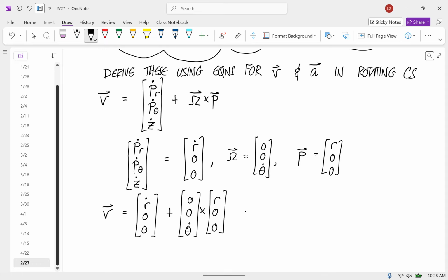I just plug the stuff in and we get r dot, and then this cross product, you get a double negative of r times theta dot, so r theta dot, 0. So it matches what we were given above. Now that would be cool if you'd ever seen that before, but apparently you haven't. But it's cool to me because I had seen it before.